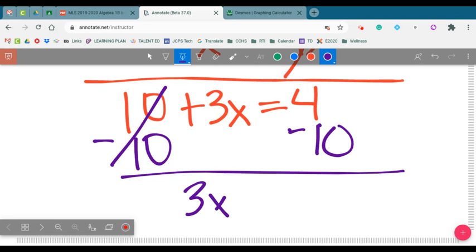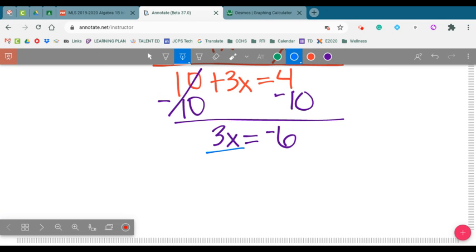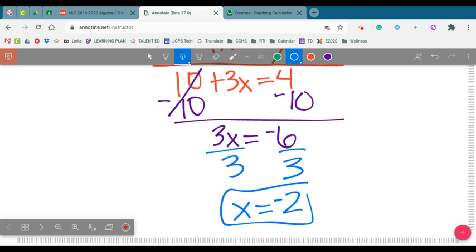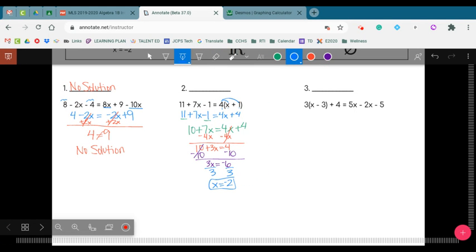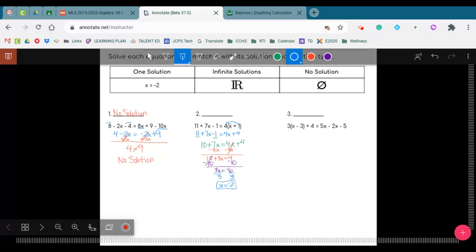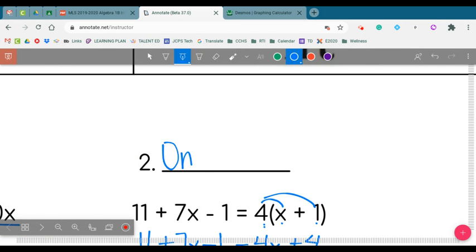I get 3x equals 4 minus 10, which gives you negative 6. And then my last step to solve is to divide by 3. So my answer is x equals negative 2. So with this one, I had one solution because my x just equals one number. And that one matches, so this one would be one solution.